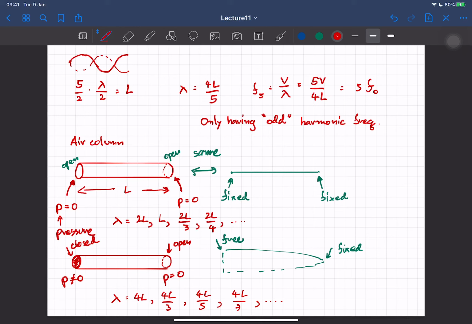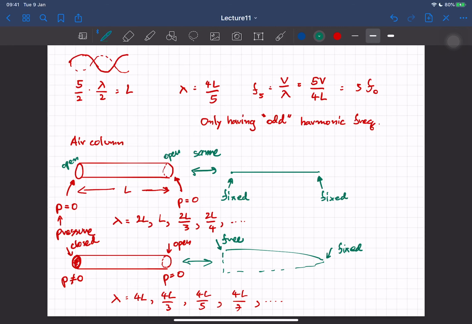But what I'm trying to say again is that if we talk about sound wave in an air column, it's nothing new. Everything you know from this can apply right away in solving this kind of problem. But you need to choose the correct connection between the two physical systems.